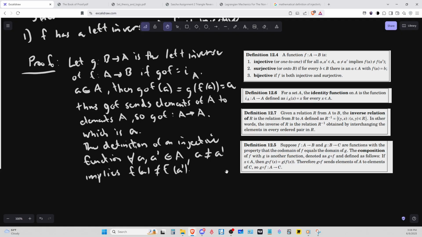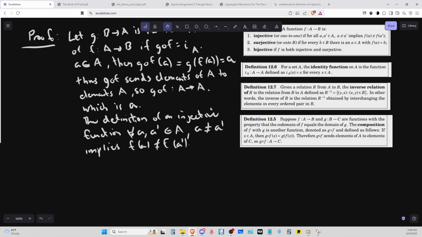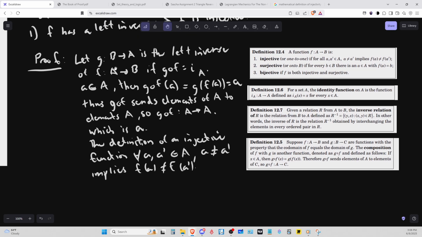So we'll start with the definition, just like Bennett said. By definition of the injective function, for all of... Okay, I feel like there might be a connection if we read the whole thing.